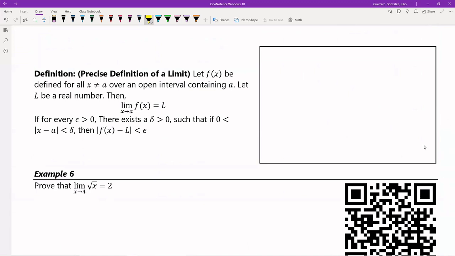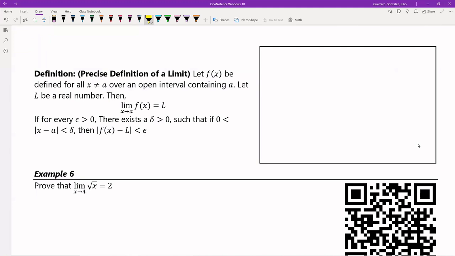So now that we have a very good working definition, a very good intuitive definition for what a limit is, okay? I'm going to now cover the precise definition of a limit, okay? And I've got to warn everybody for this. This computation is very, very, very mathematical, okay?